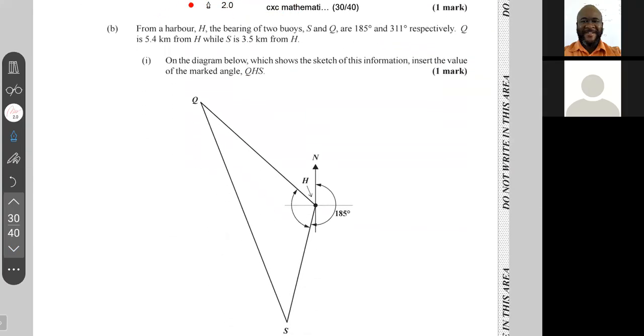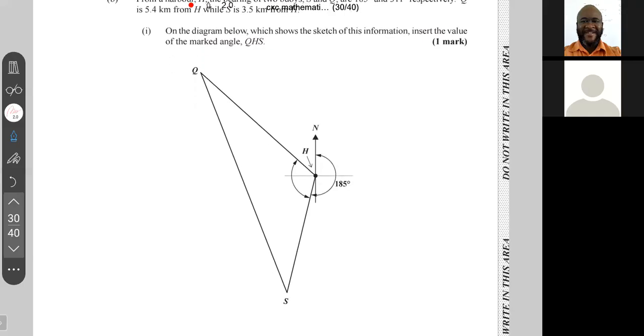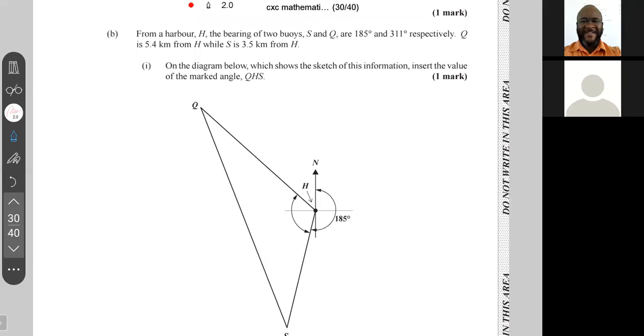Stay with me. This is a bearing question. It's a topic that we need to practice some more. It says from a harbor H, the bearing of two buoys, S and Q are 185 degrees and 311 degrees respectively.